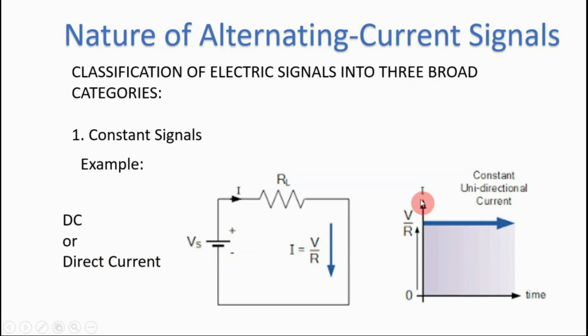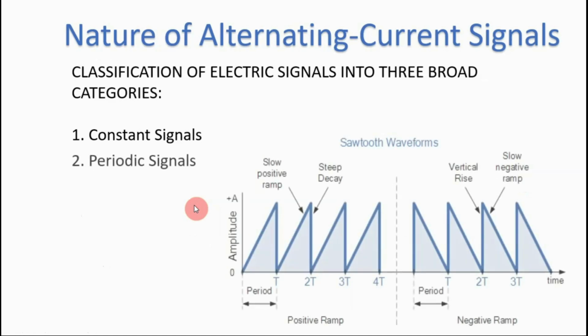You will notice that it is represented by a straight line starting from 0 to infinity, or it sometimes goes down to 0 because of the energy depletion within the battery, because normally direct current is from the battery or cells.